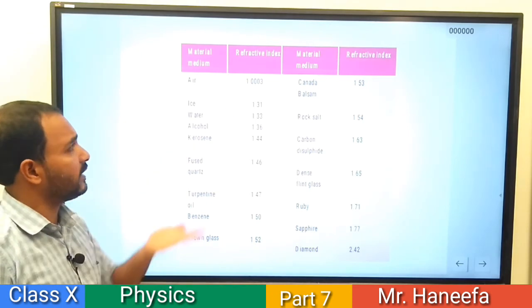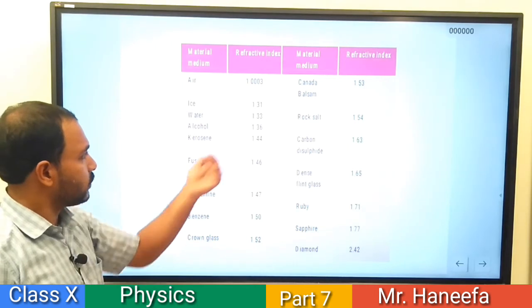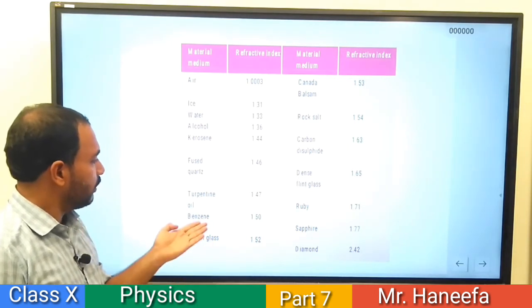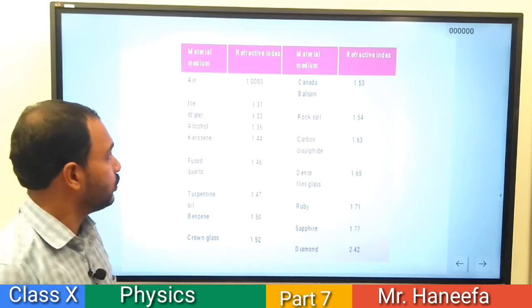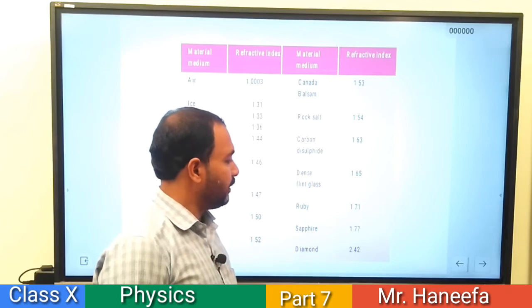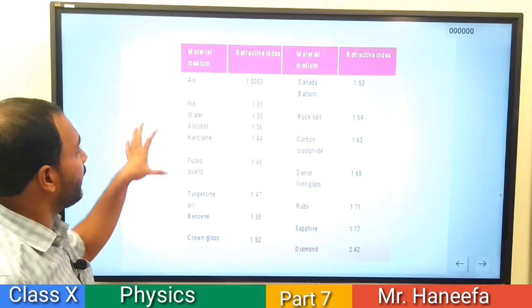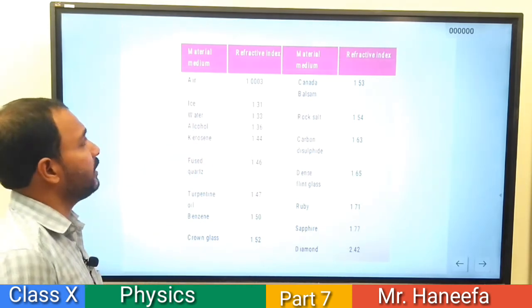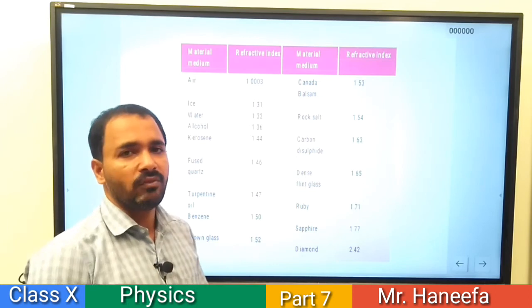Refractive index of ice is 1.31, water 1.33, kerosene 1.44, glass 1.52, then ruby 1.71, diamond 2.42. These are the refractive indices of different material media.